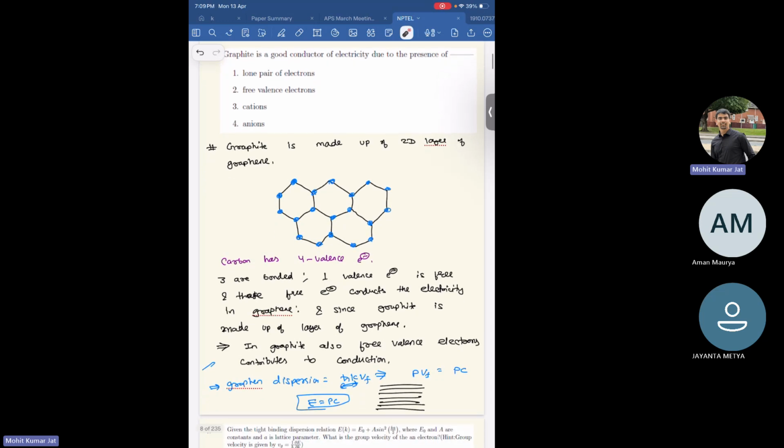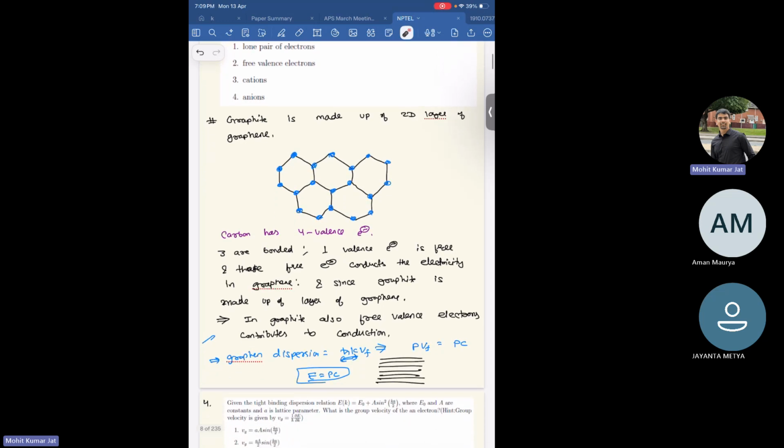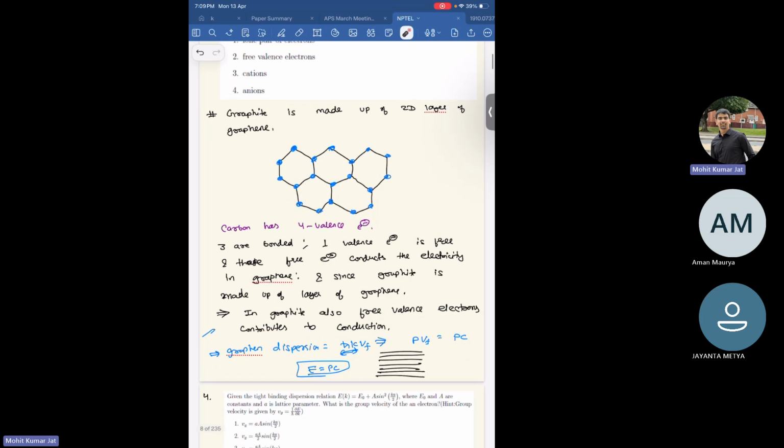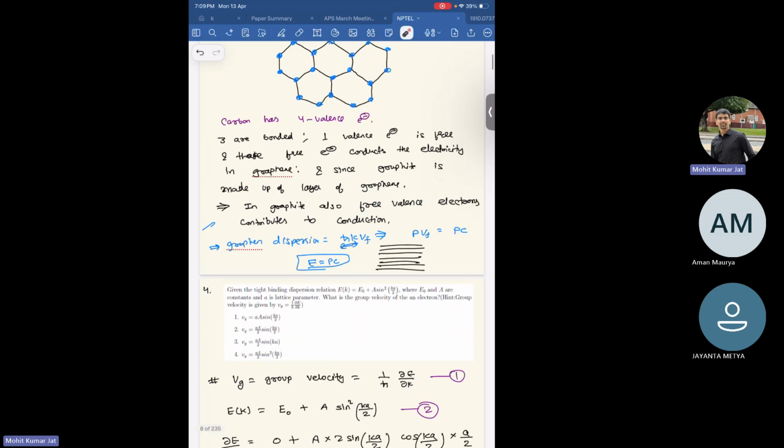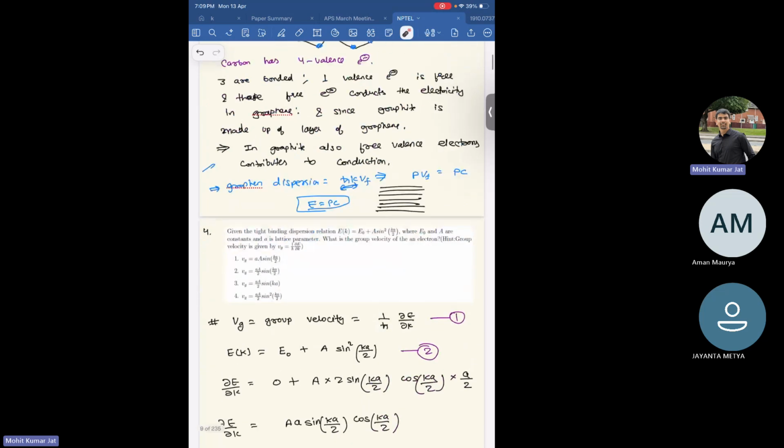Since graphite is also made up of these sheets of graphene, this free valence electron contributes to the conduction. And the graphene dispersion, as we will discuss later, is linear. So that is about the graphite conductivity.